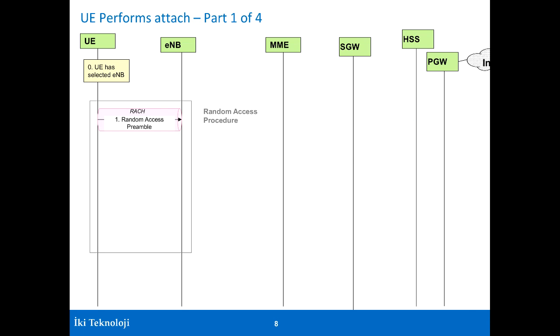So this message comes to the base station. The base station listens to it and then sends back a random access response. And the random access response contains a temporary identity that it is providing. It also contains, obviously, the RAPID value which it had received and the RA-RNTI value.